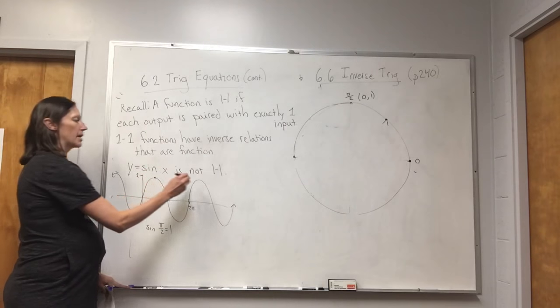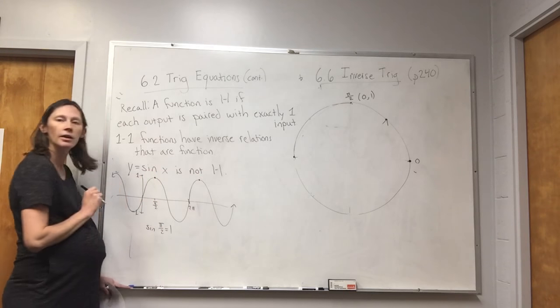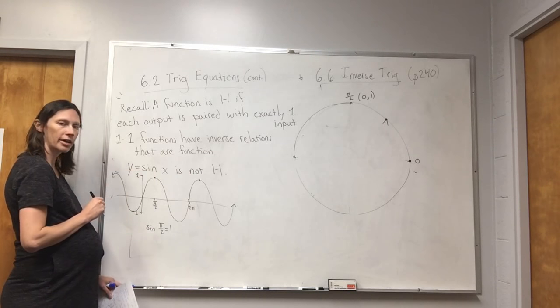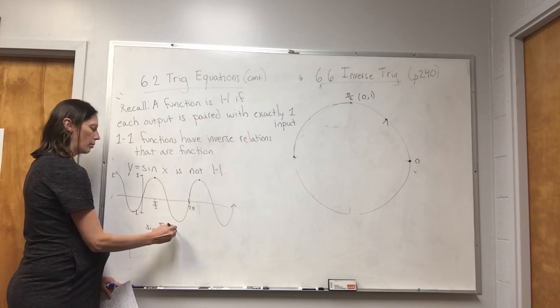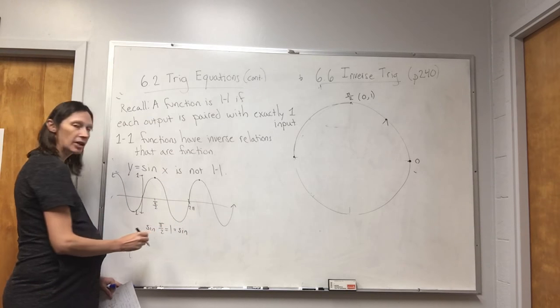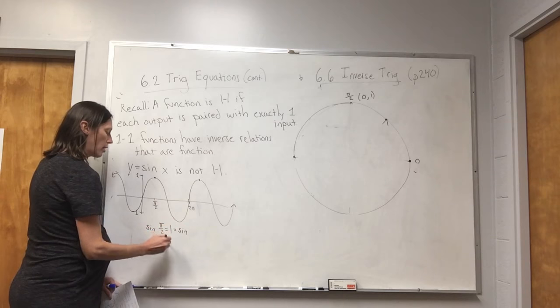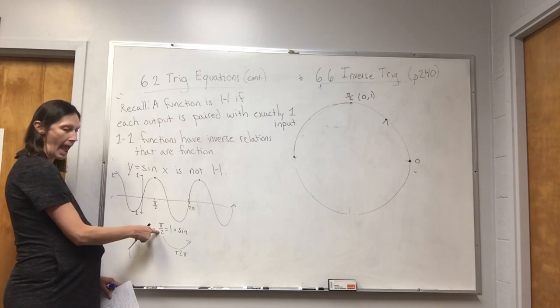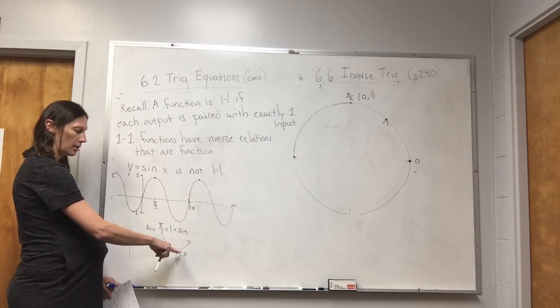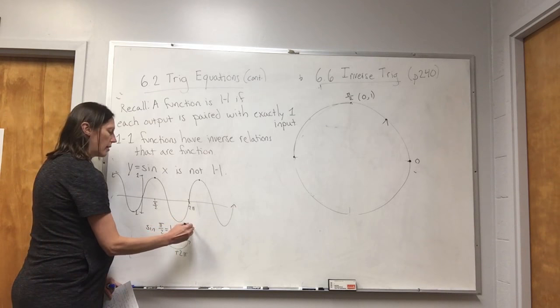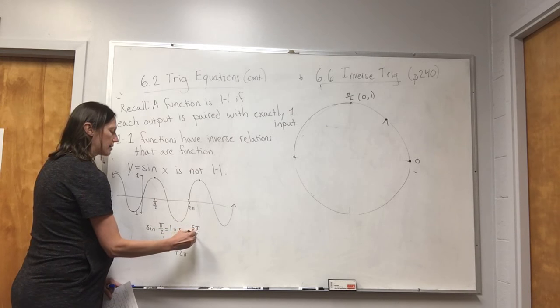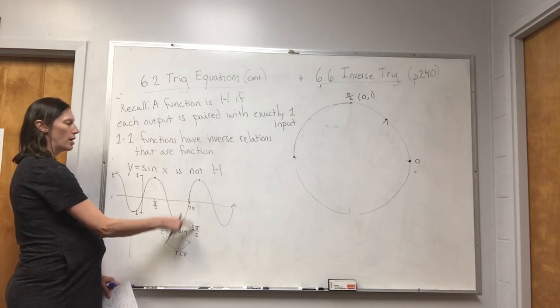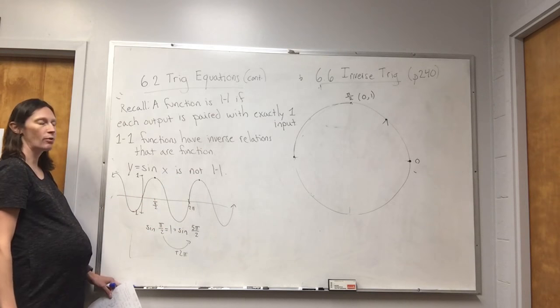Okay, but go down the road. There's another y value of 1, right? There's another peak here. What is that value? Well, because sine is periodic with period 2 pi, if I add 2 pi, get a common denominator of 4 pi over 2, and I can be at the angle of 5 pi over 2, and I still have a sine value of 1.